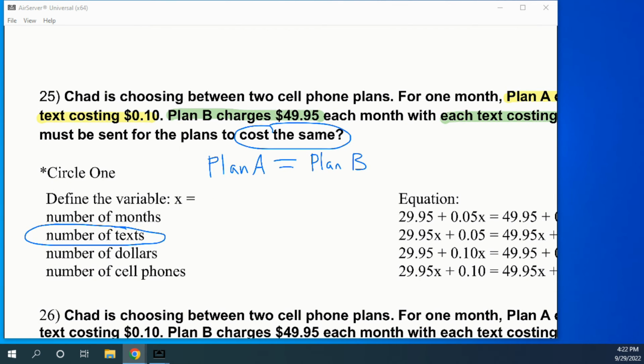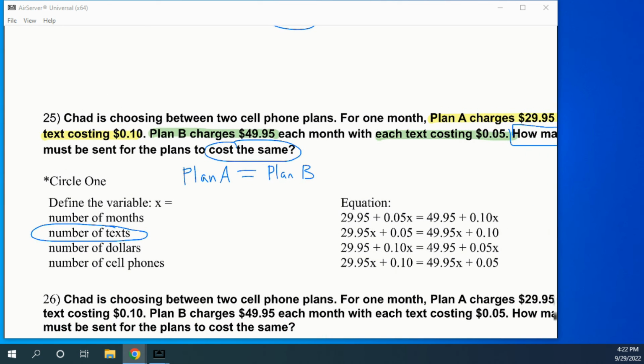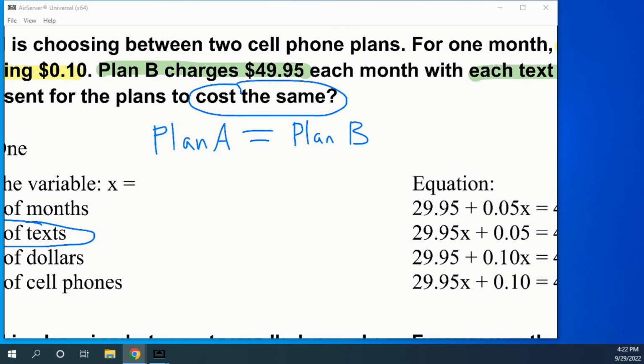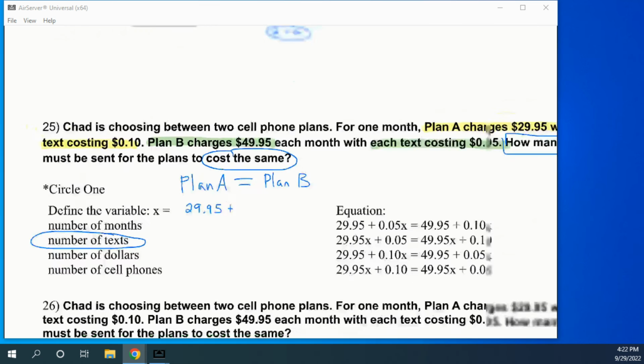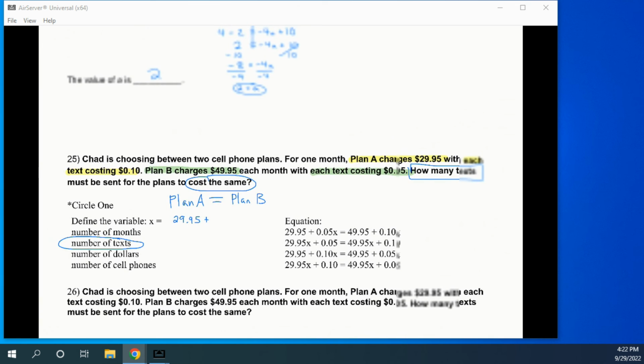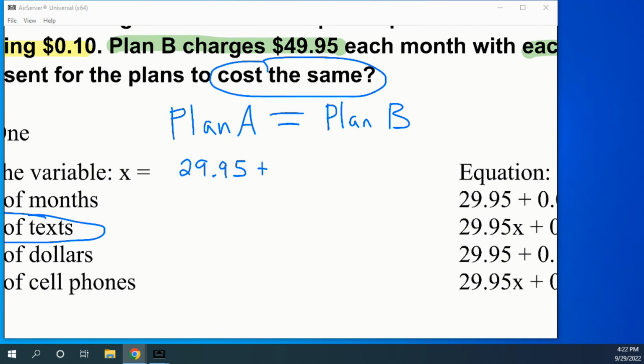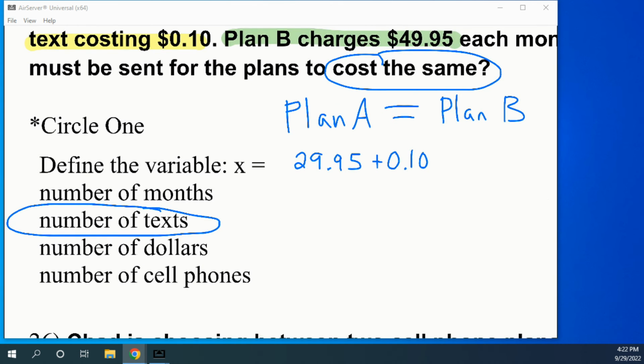So plan A, it says it charges $29.95, $29.95 plus each text costs 10 cents, so 0.10. And each text, we don't know how many texts, that's why we have this number of texts. So we'll assign that variable to the 0.10.